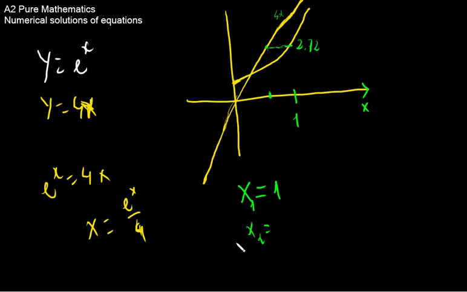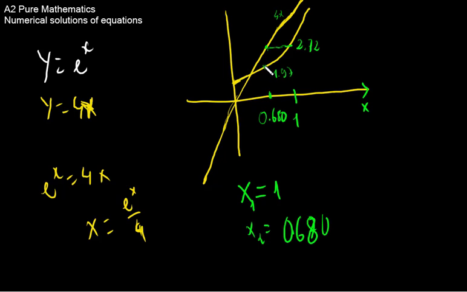So here x2 is 2.72 divided by 4. That gets us 0.680. Now if we take e to the power of that, this will get us 1.97.